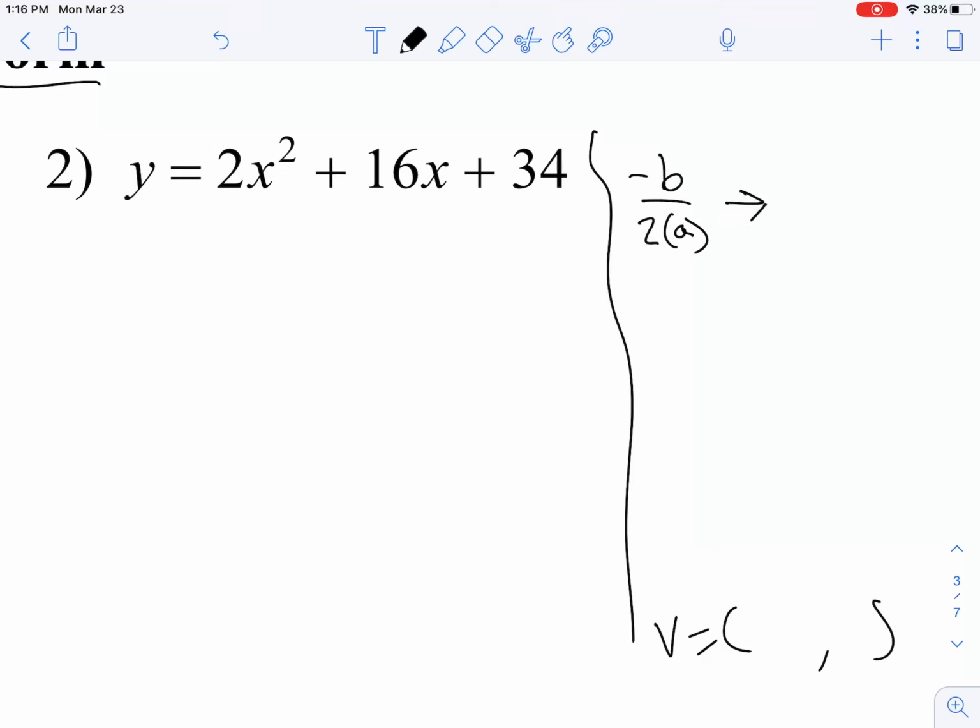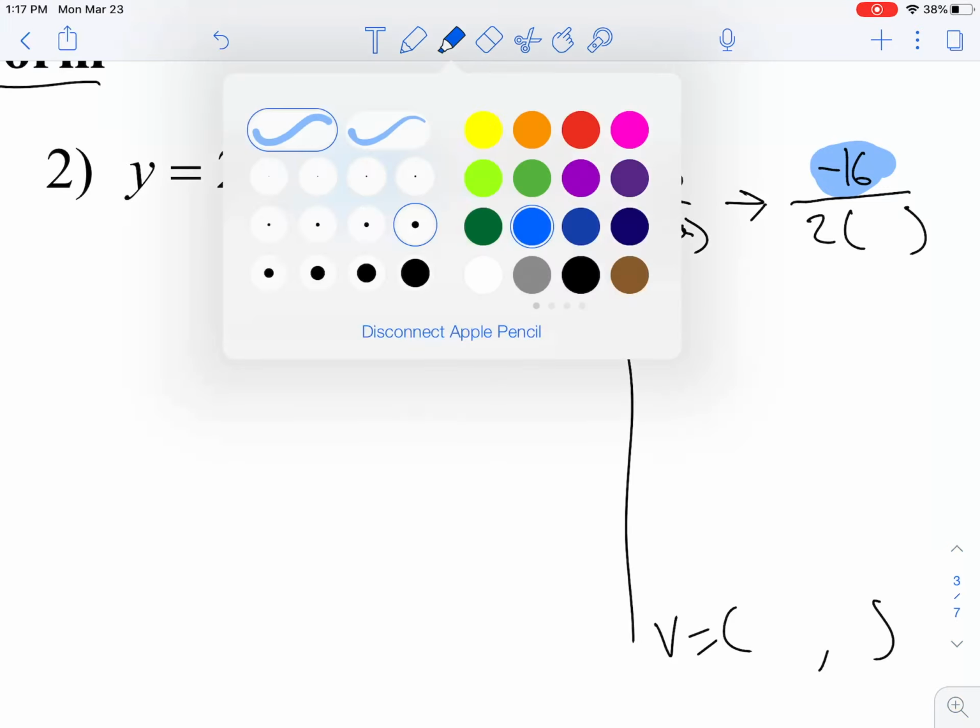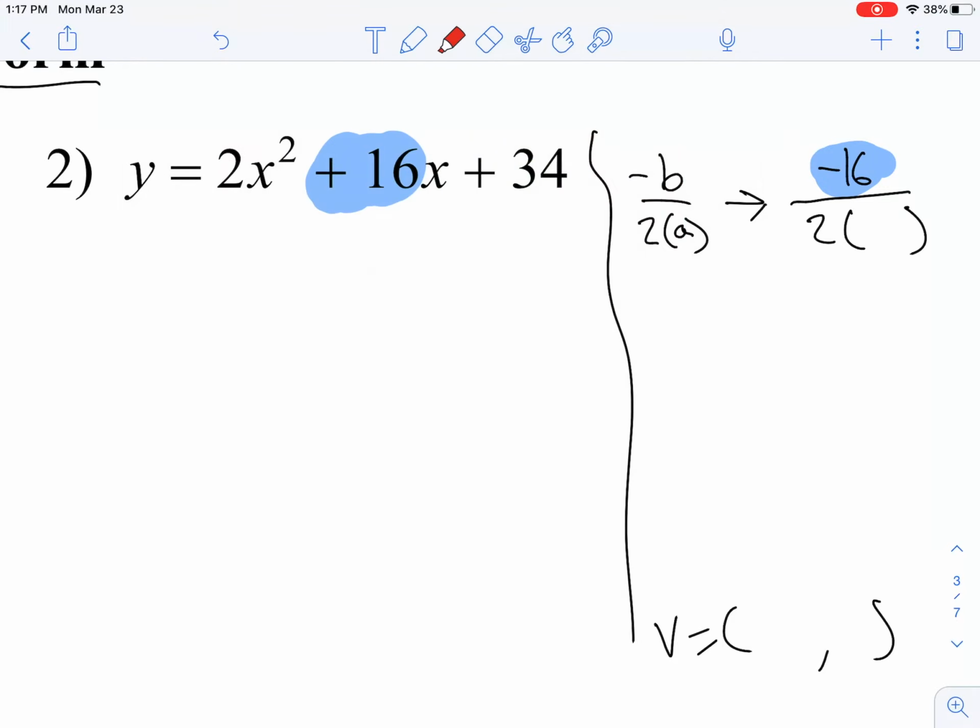And so the question is, what are we going to plug in on top? The opposite of positive 16 is negative 16. Over 2 times our A value, what should we plug in to this space right here?